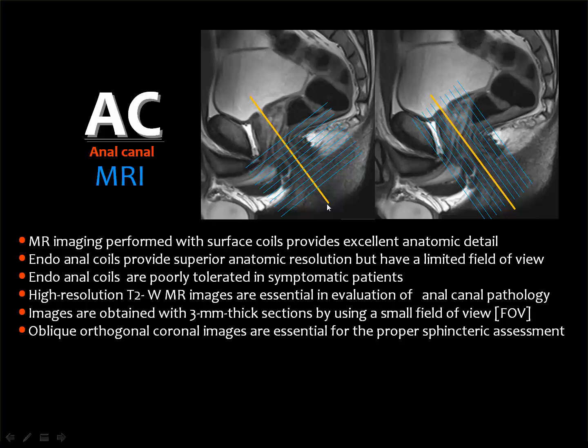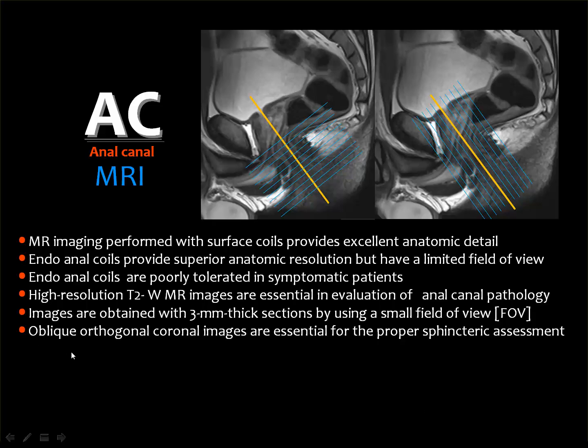This is known as orthogonal axial and coronal imaging. If you go perpendicular to the axis of the anal canal, you get axial oblique, which is one of the important pulse sequences for evaluation of the anal fistula. If you are going parallel to the axis of the anal canal, then you have a coronal oblique imaging.